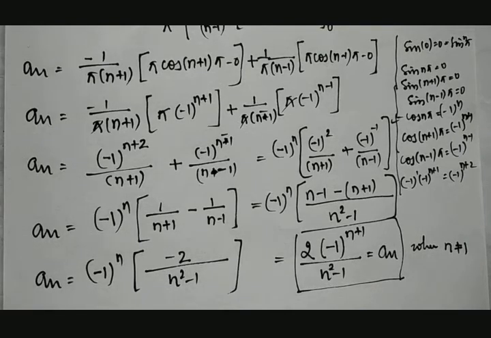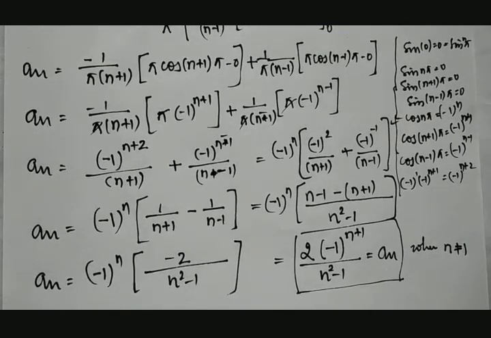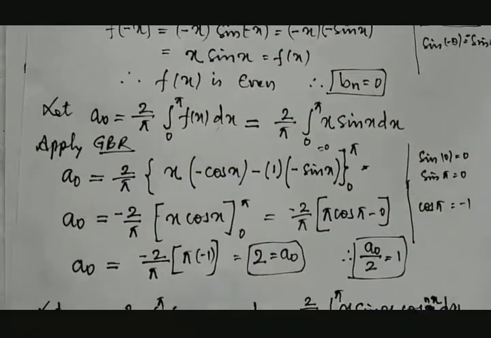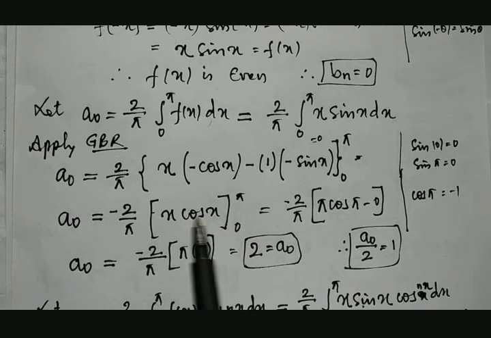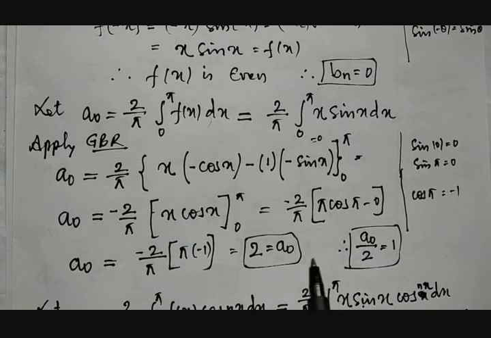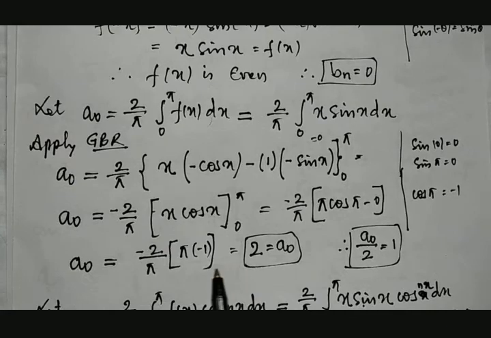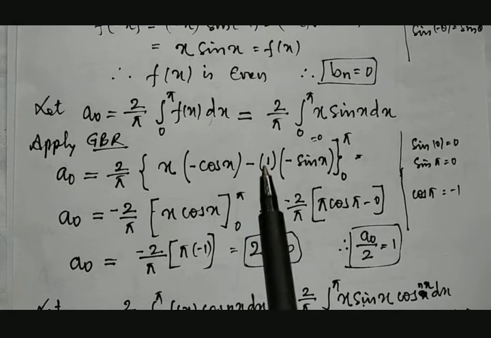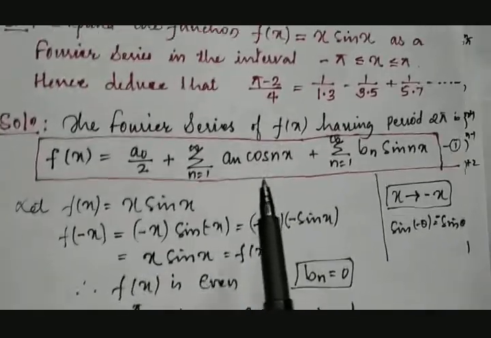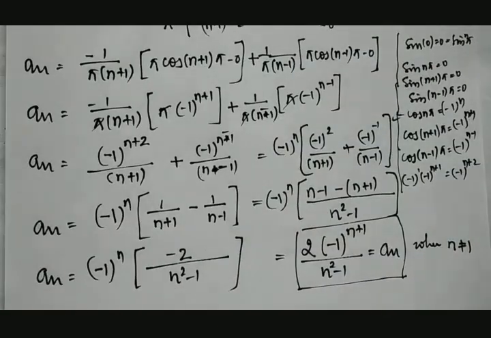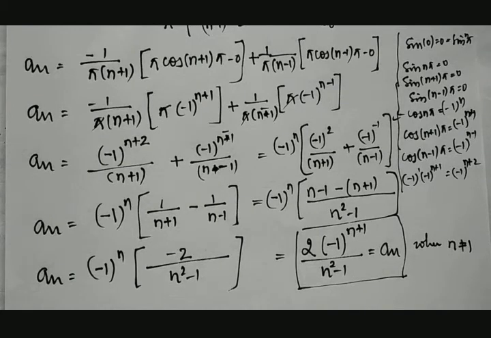Even where we got a naught, there also we have not taken such cases, because where we have taken a naught, in the calculation we didn't get anything at the denominator. Even if we get n, summation of n starts from 1 to infinity. Hence it is guaranteed n is minimum 1, then no problem with the denominator. 1, 2, 3, 4. It cannot be 0.